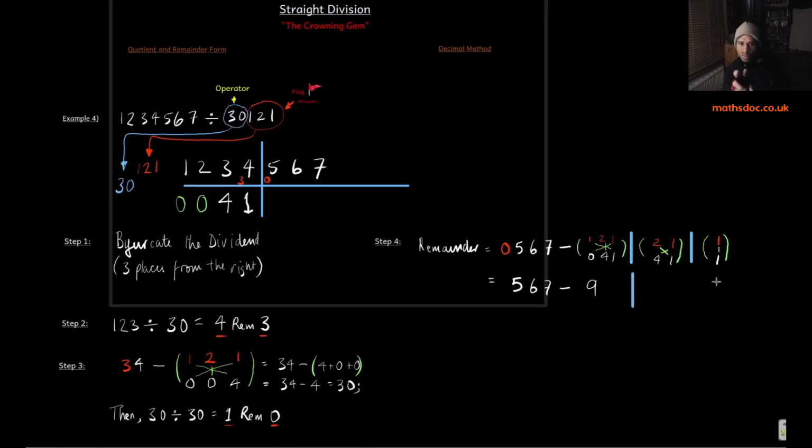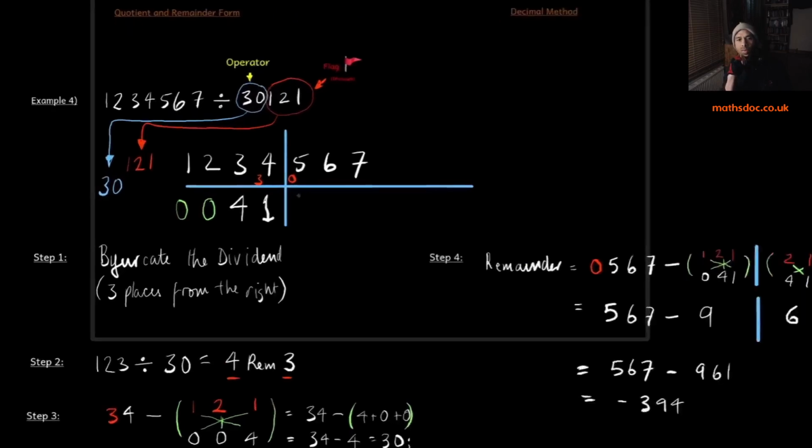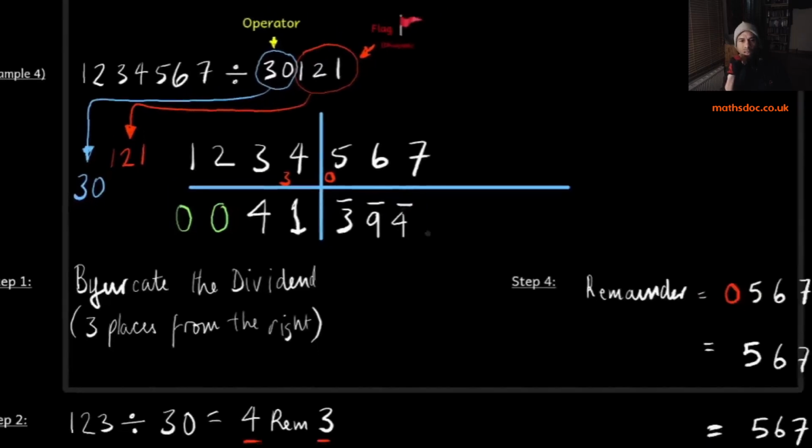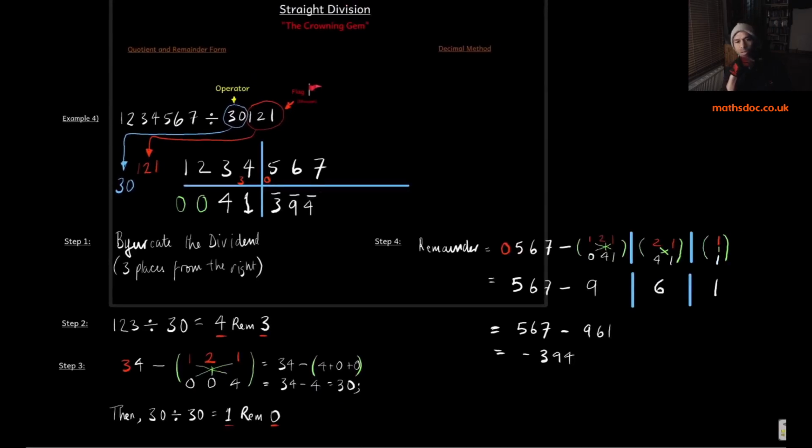We've got a digit of 9, and then we've got a division and the second digit, which is 6, and then the last division is 1. So it's 5, 6, 7, take away 9, 6, 1, leaving us with a remainder of minus 394. This last bit to get the remainder is a bit tricky.